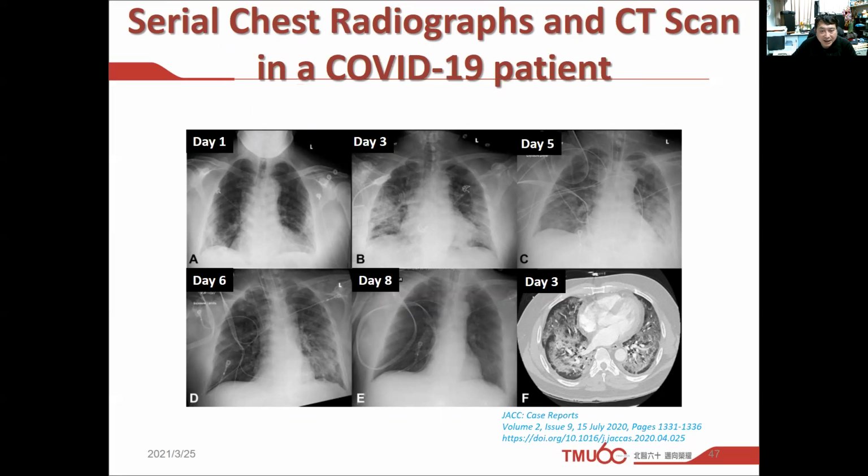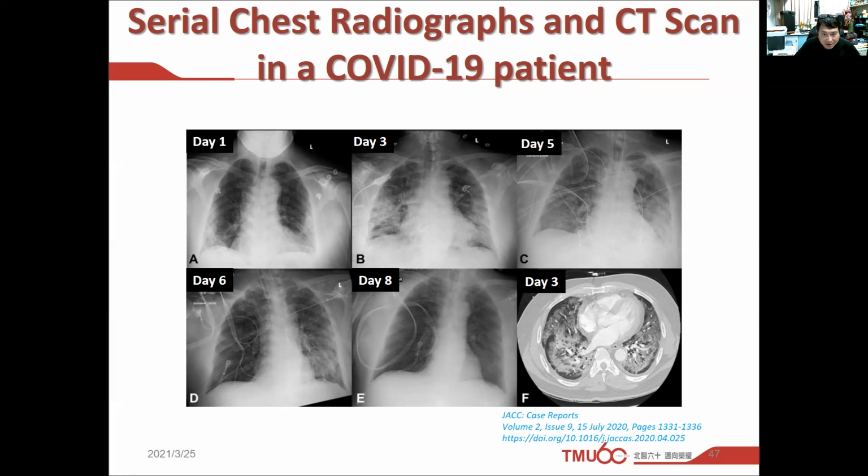Okay, and this slide is very similar to the previous picture. This is a patient suffering from COVID-19 who also will develop ARDS. You can see the progression on day one, the first day registered in the hospital, and later on you can see the opacity on the lung.